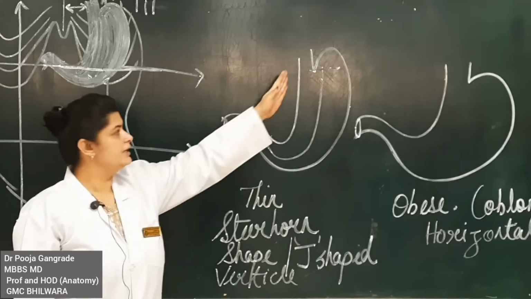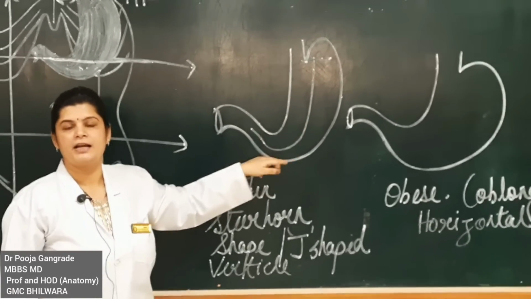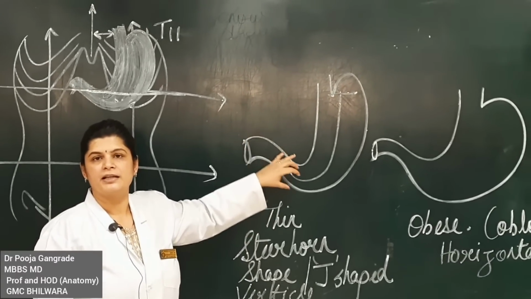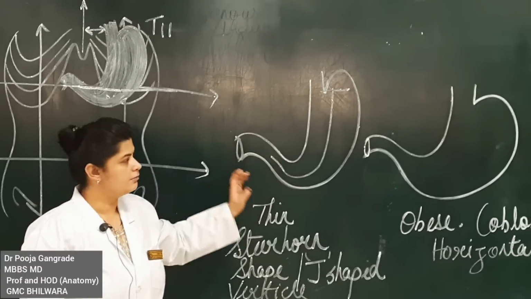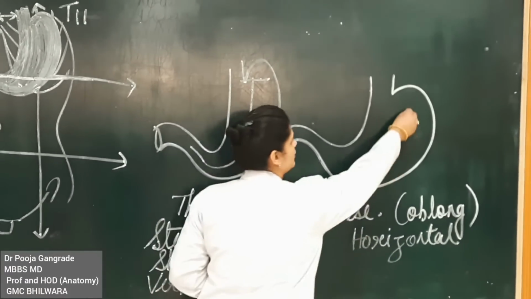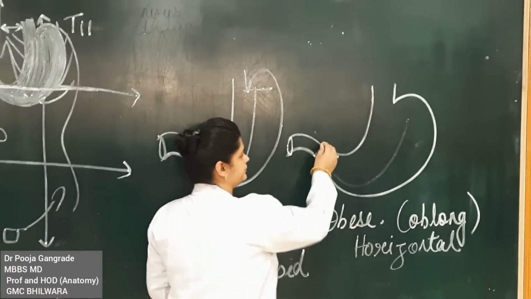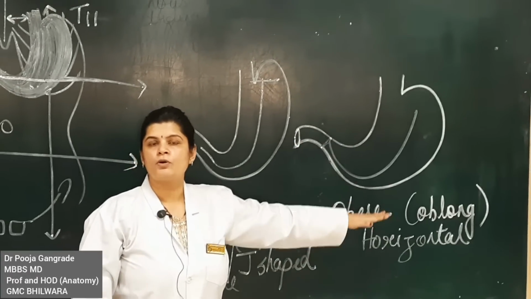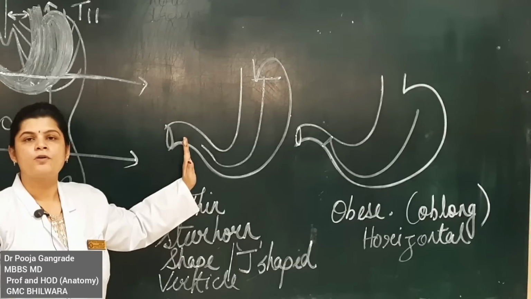The limb of the J is straight and a small pyloric part is coming like that, the hook of the J. Whereas in an obese person, this becomes oblong like this. It becomes more horizontal. This is more vertical.